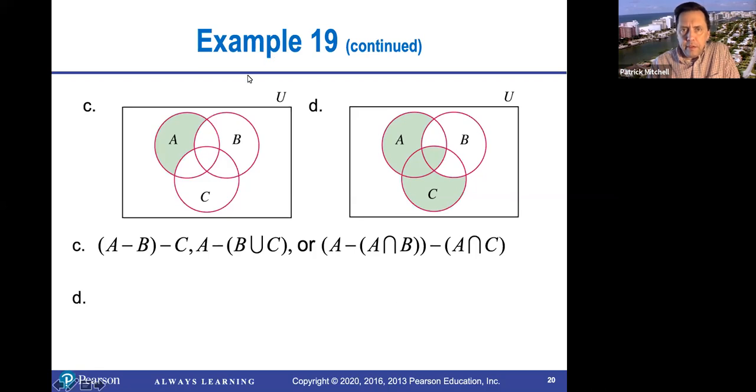If this little shaded region was not here, then this would have been a lot simpler. We could have just said the difference of A union C and B, all right? Everything that is in A union C but is not in B, okay?